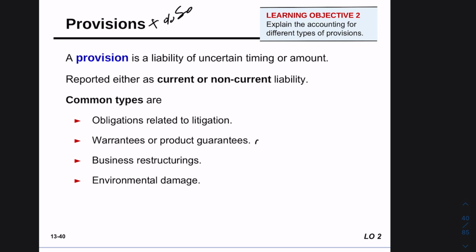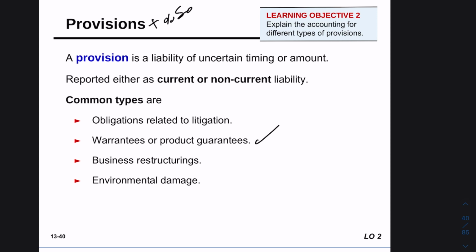For example, warranties or product guarantees. We're saying to our customer, listen, if something bad happens to your product, you have 1 year, you can bring back your product and we will fix it. Okay. In this scenario, do we know how many customers will come back? Do we know the time? Do we know how much it will cost us to fix those products?